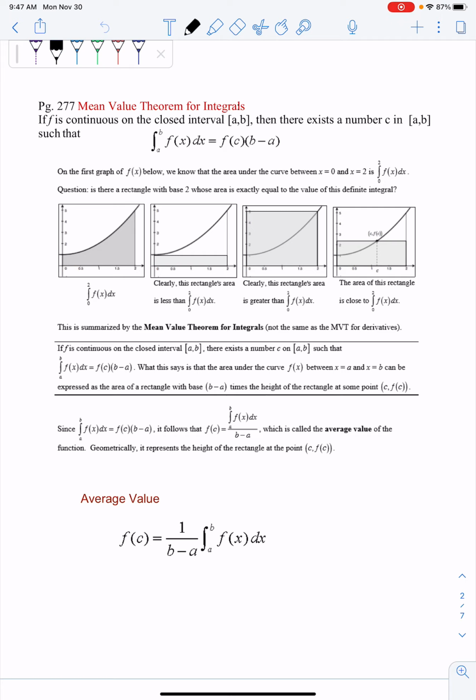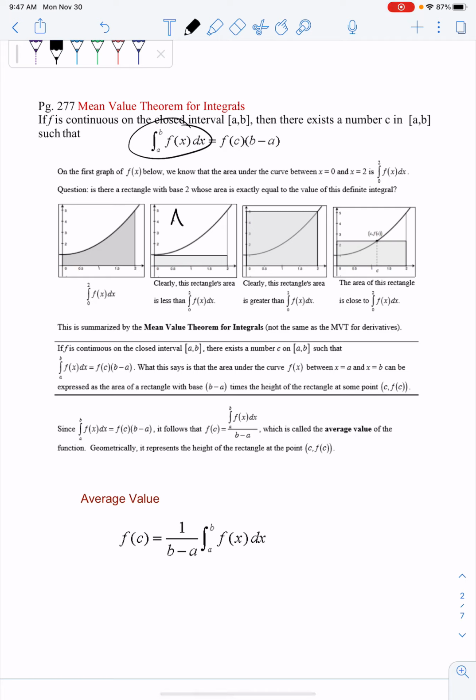So the first one, the mean value theorem for integrals. Basically what it's saying is if you're integrating a function from a to b, let's look at this example underneath it. If I'm going from 0 to 2 of f of x, I'm finding the area of that shaded region, right?